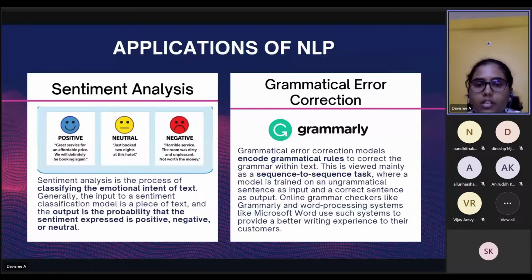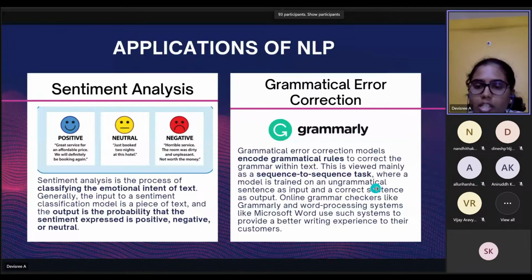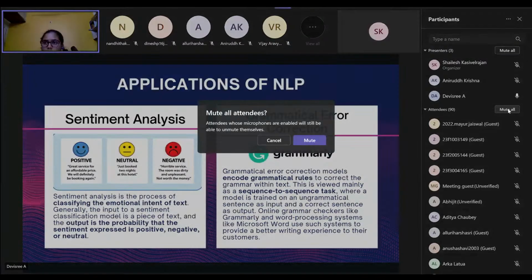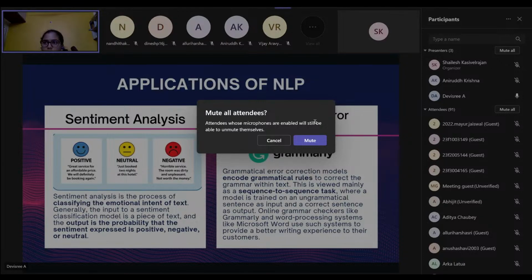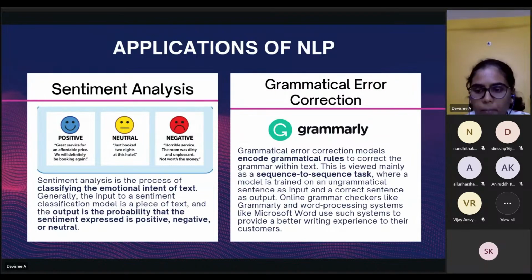They are trained on grammatically correct text. So it takes the text which you're giving as the input, and it will output corrections based on the grammatical rules it has learned.